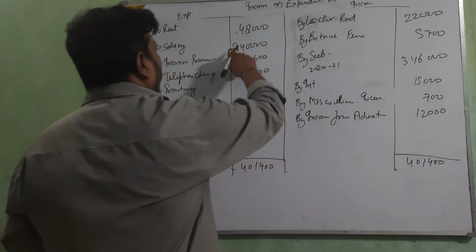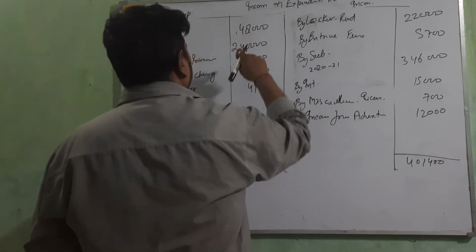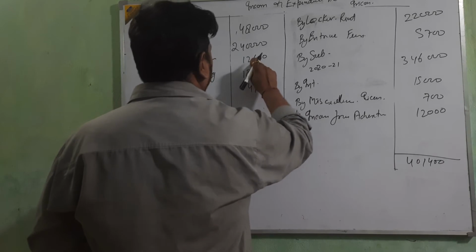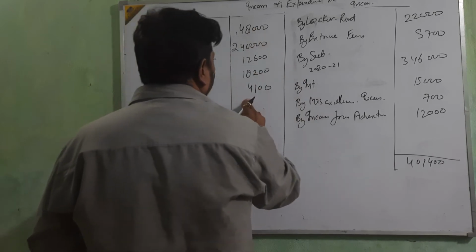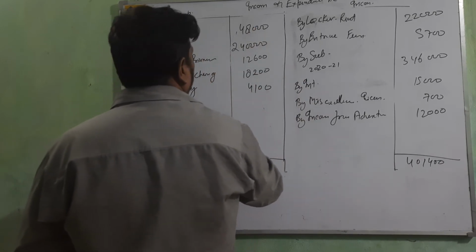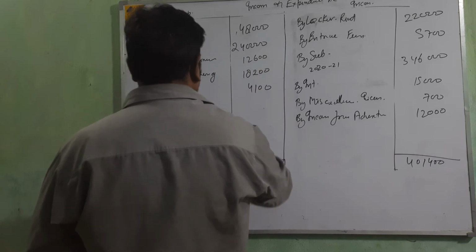This side 2,80,000, 90,000, 3,10,000, 3,12,000, 3,12,900.